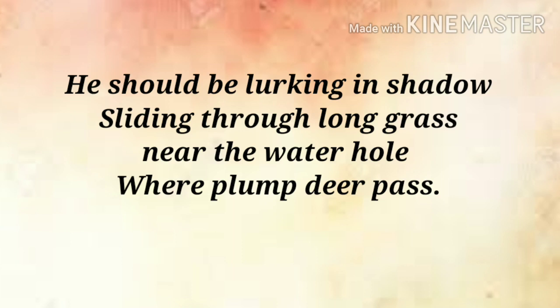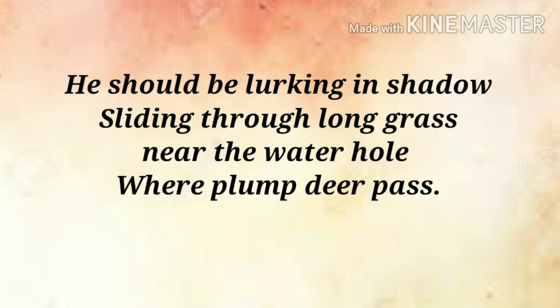There in his natural habitat the tiger would have been lying hidden in the darkness. When he says he should be lurking in shadow, it means the tiger would have been lying hidden in the darkness or shadow of the trees, moving through the long grass so that its prey will not be able to detect its movement.